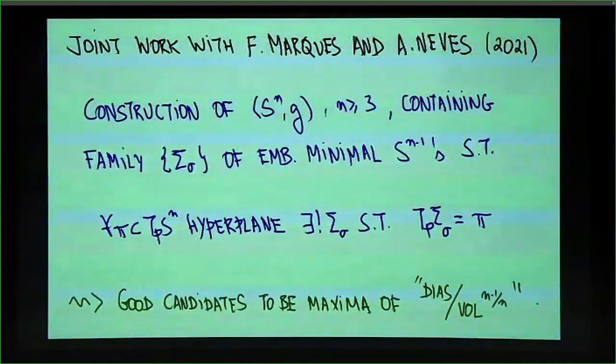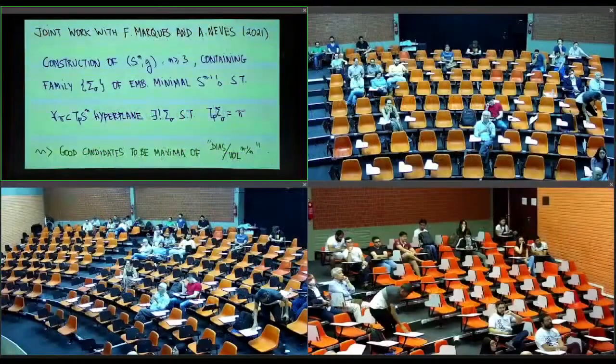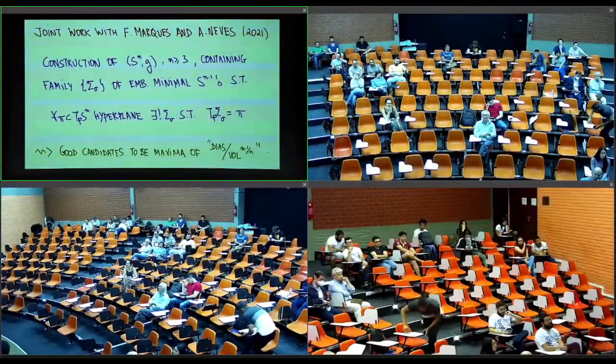For every given hyperplane in the tangent space, I can find exactly one element of the family which passes through that point with that given tangent plane. Okay, and as I said, these are good candidates to be maxima of the diastole compared to the volume.